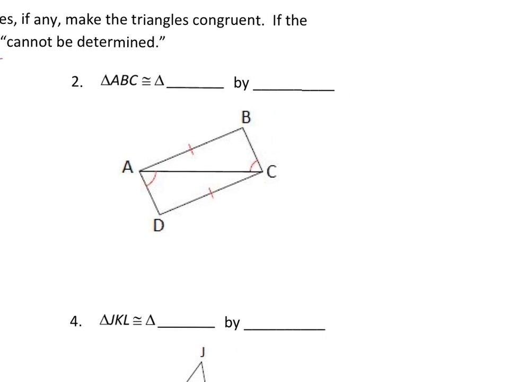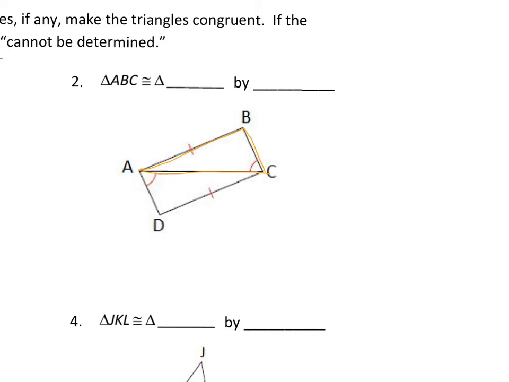In number 2, we have our triangle ABC, and we want to figure out if it's congruent to anything. Now, over here, we've got a congruent side here mark, and that mark there. We've got this angle congruent to that one, but this is a cannot be determined situation, because even though they share this side, this angle is not an included angle.